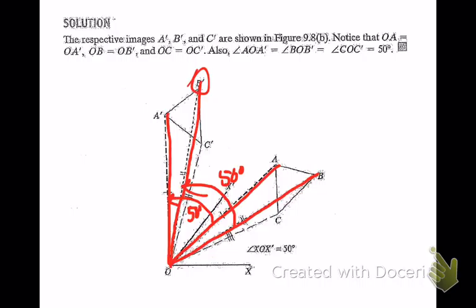You do that for every segment. And then you end up with A prime, B prime, C prime.